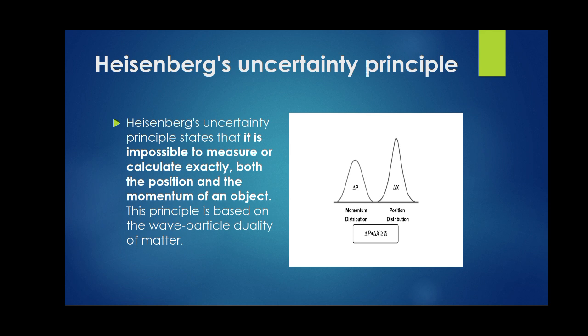So the uncertainty regarding momentum is delta p, and the uncertainty regarding position is delta x. Heisenberg's uncertainty principle states that it is impossible to measure or calculate exactly both the position and the momentum of an object simultaneously. This principle is based on the wave-particle duality of matter. It is mainly the wave-particle duality of matter.